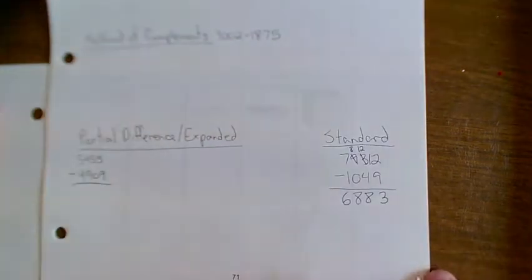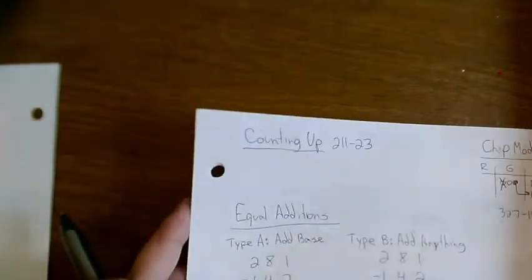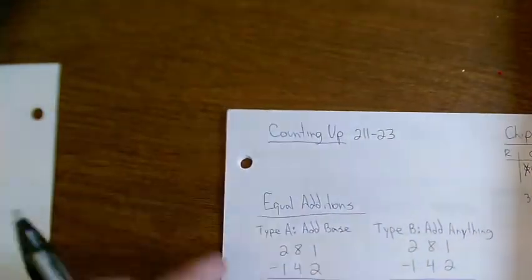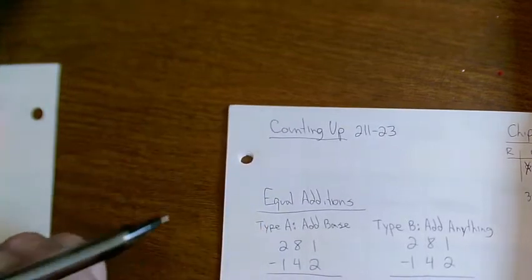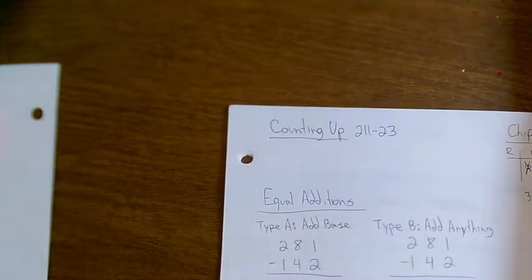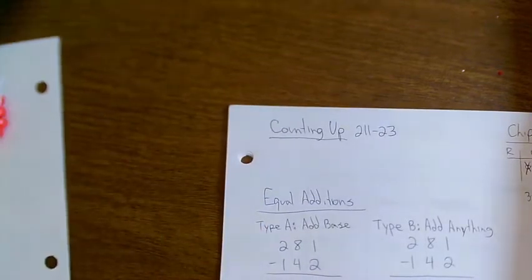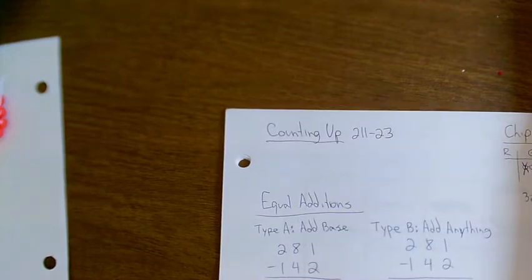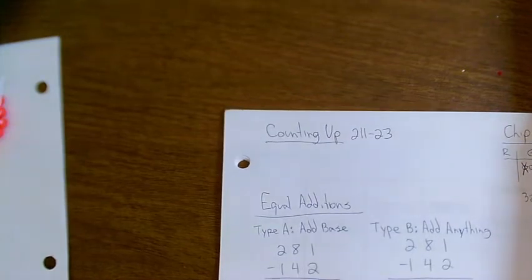So again, that can be a little confusing with students trying to regroup, cross numbers out. So what are some alternative things that you can do instead? So the first method is called counting up. So counting up is a method where we assume that it is difficult for kids to do subtraction, so we are going to change it instead into an addition problem.